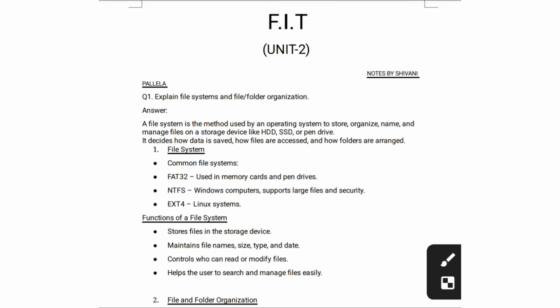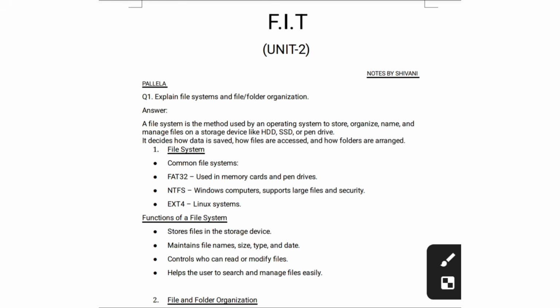The file system decides where the data is saved, how the files are accessed and how folders are managed. With the help of file systems, we are able to save the data, access the data, and manage the folders.